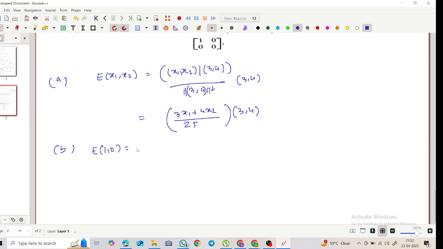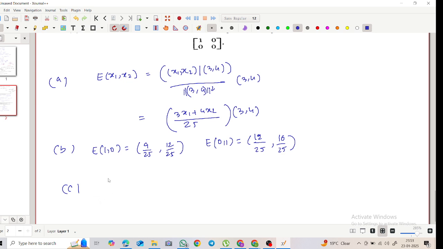E(1,0) is just by putting it, you get (9/25, 12/25), and E(0,1) is just (12/25, 16/25). And then the matrix is given.